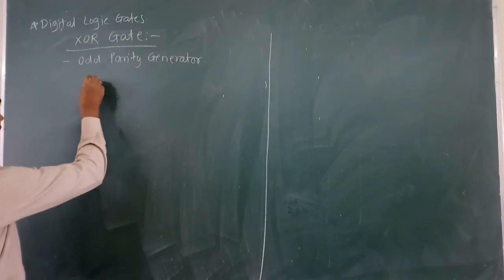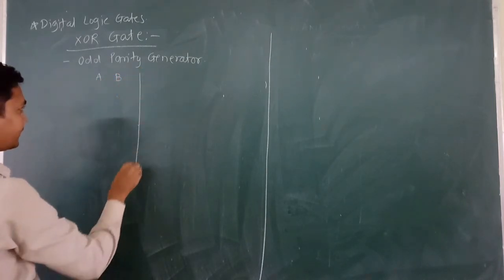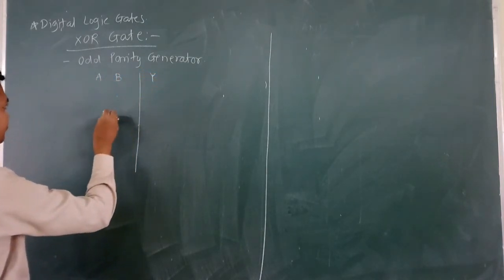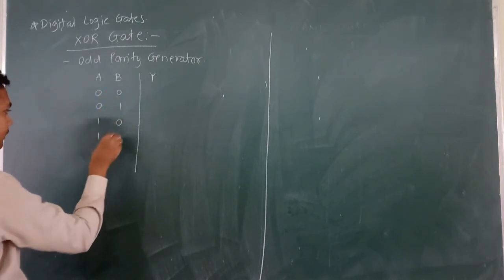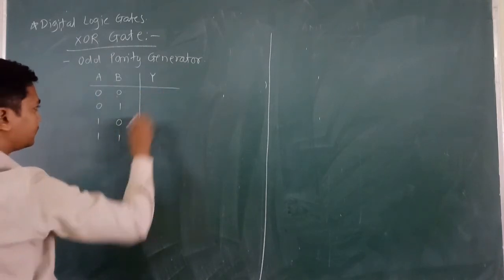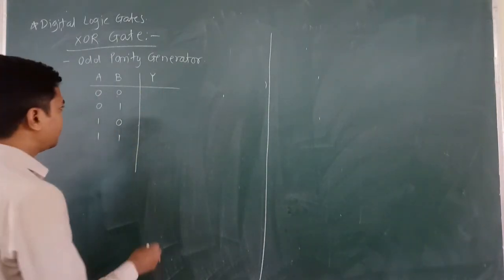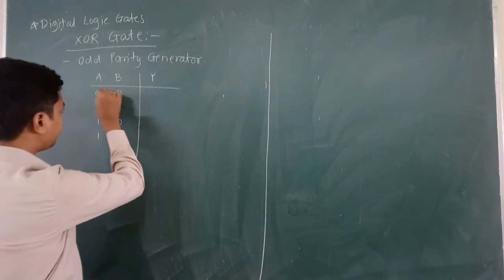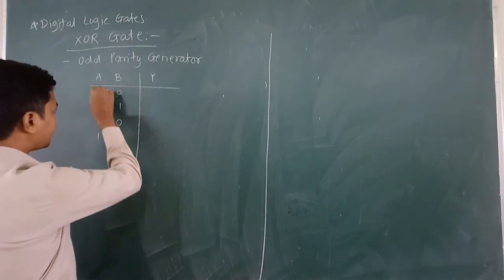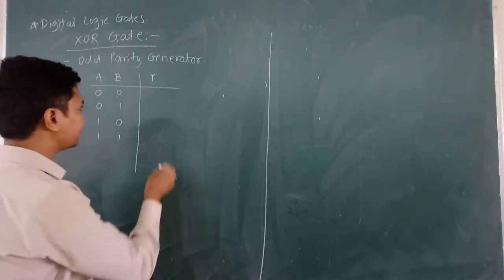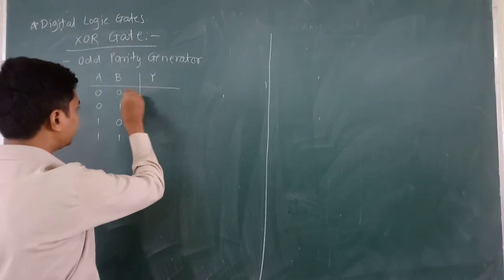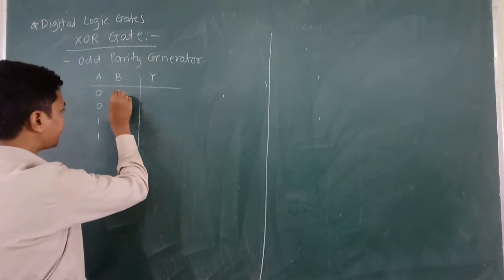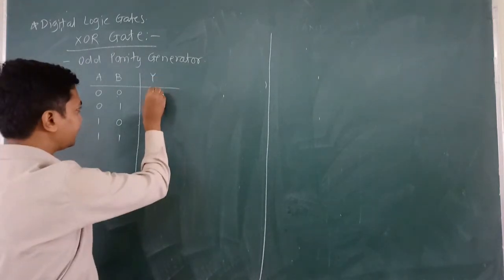For example, suppose you have A and B as inputs and Y is the output. The combinations for 2 bits are 0 0, 0 1, 1 0 and 1 1, right? For 0 0, the addition is 0, which is even, so the output will remain 0.